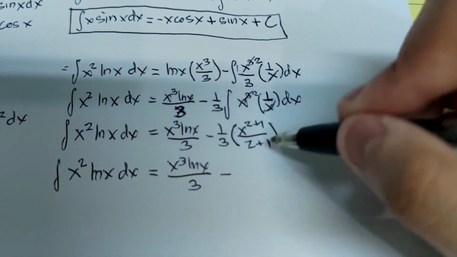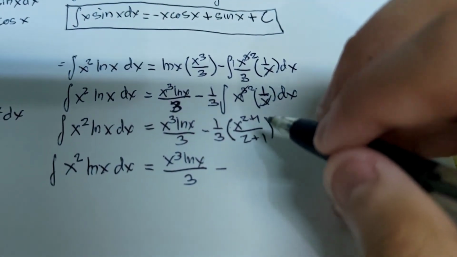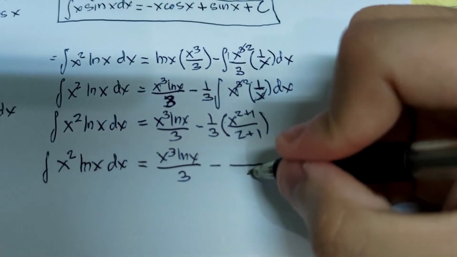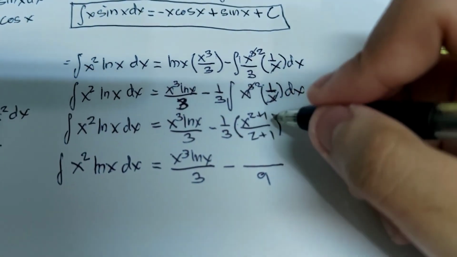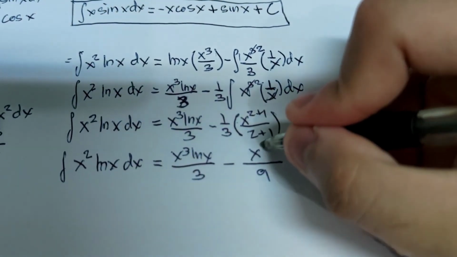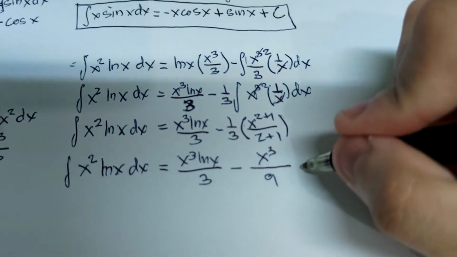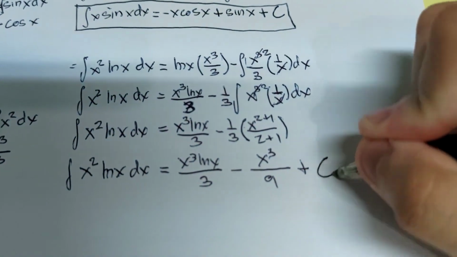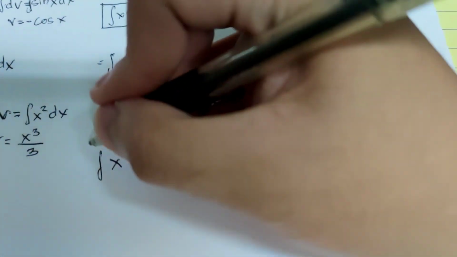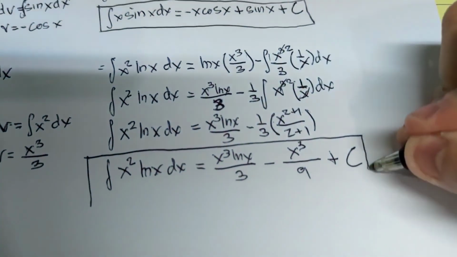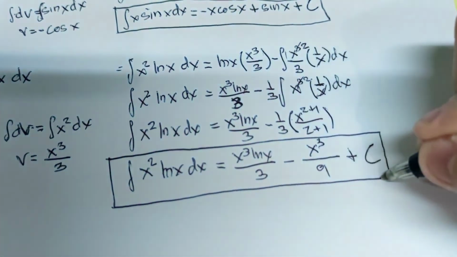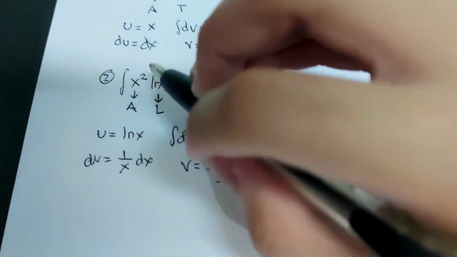Our denominator 2 plus 1 is 3, so our denominator will now be 9, and 2 plus 1 is 3, so it will be x raised to 3, and don't forget our plus c. This will be our answer for the integration by parts of this problem. Thank you.